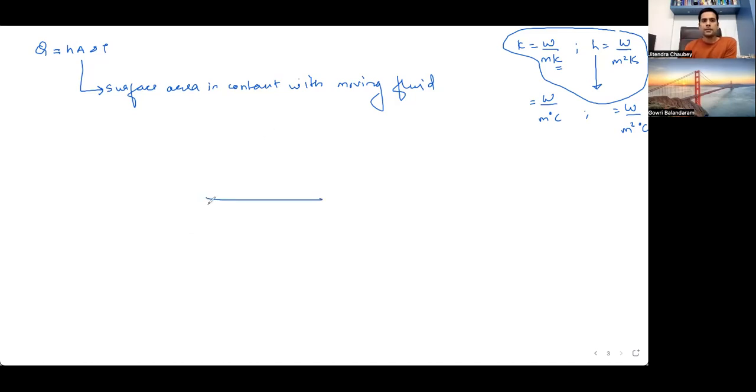Suppose this is a plate, a thick plate like a brick, with a hotter surface at the bottom and a colder surface at the top.